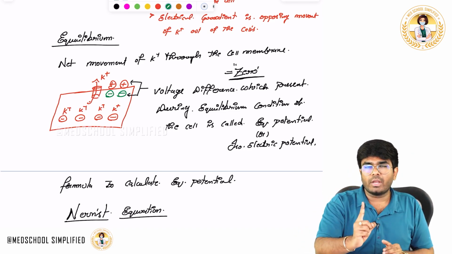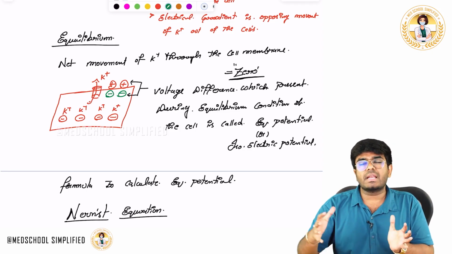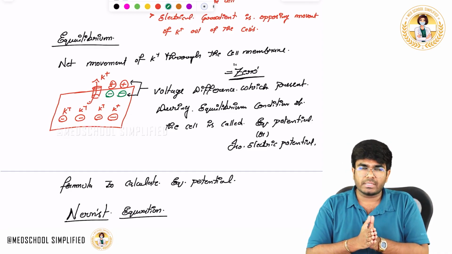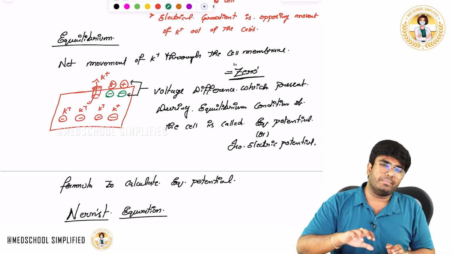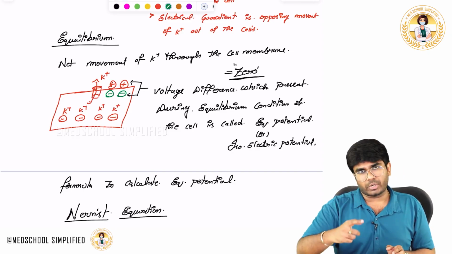One ion is causing an equilibrium potential, but in our cells there are leaky sodium, leaky potassium and leaky chloride channels. Because of the presence of multiple different channels, you have to consider all of them, and all of them together determine the resting membrane potential.